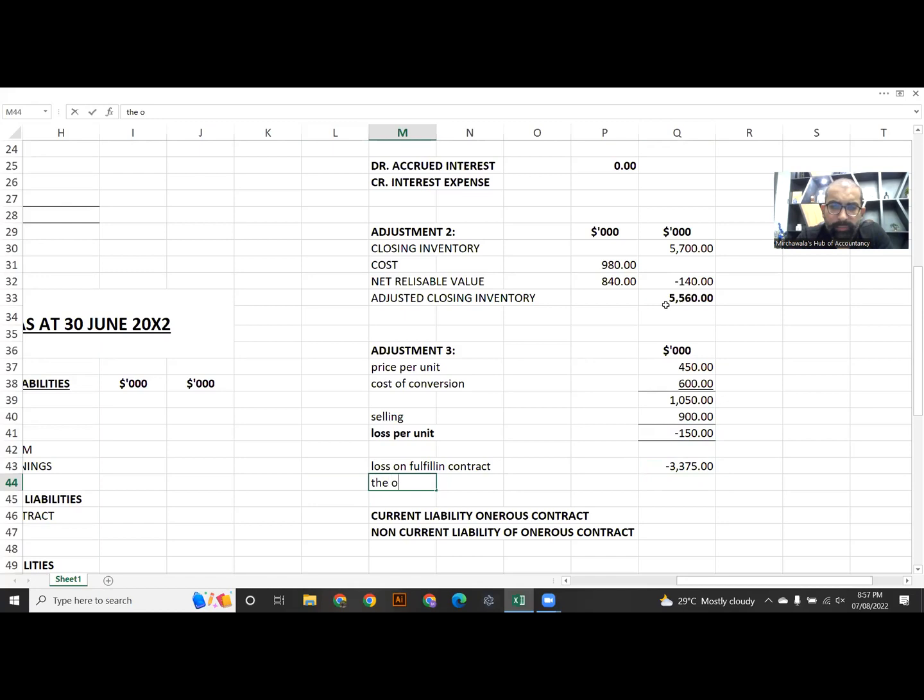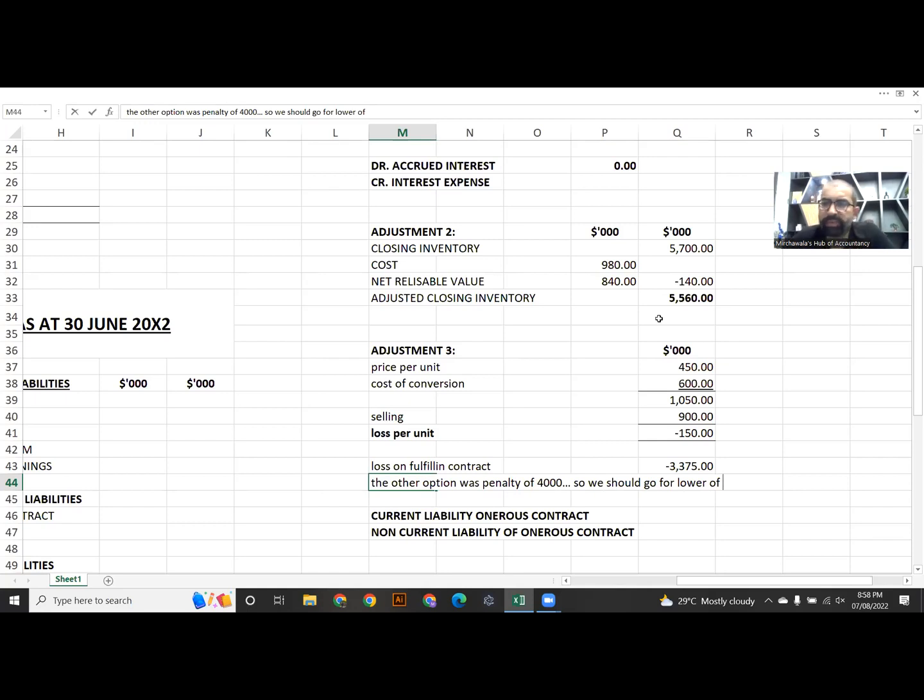The other option was a penalty of 4,000. So we should go for the lower one, right?